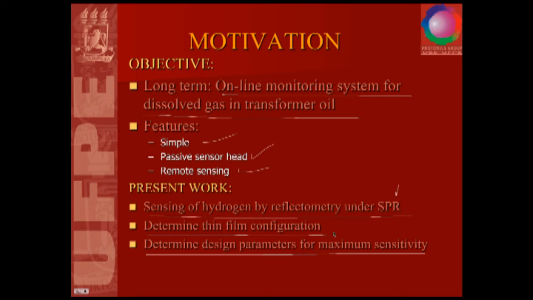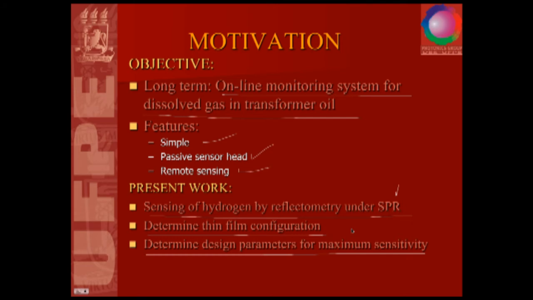We use the fact that palladium absorbs hydrogen specifically, different from other metals that absorb hydrogen non-specifically. Palladium has a high specificity for absorbing hydrogen, and that's our transducer layer.